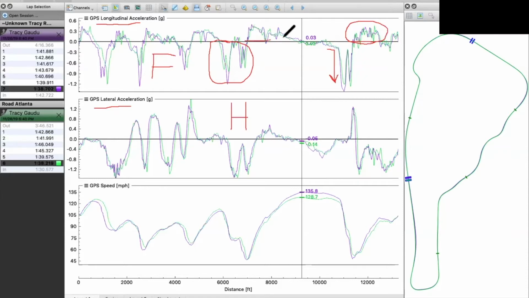For the most part, all of these guys up here are accelerating events. This is a positive G, positive longitudinal G, that's related to your feet. What are you doing with your feet? So we're really talking about the gas pedal.